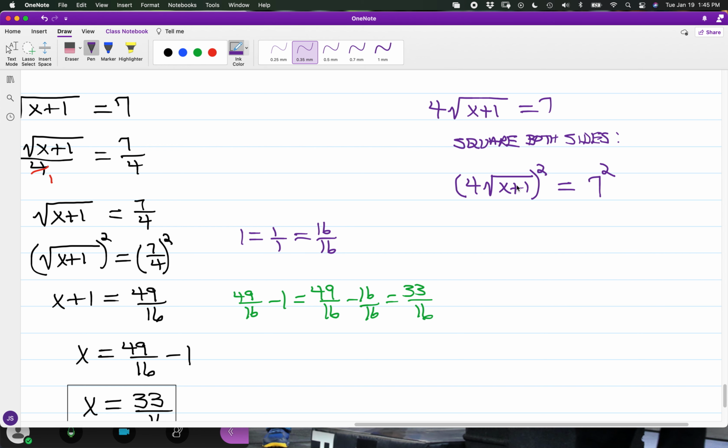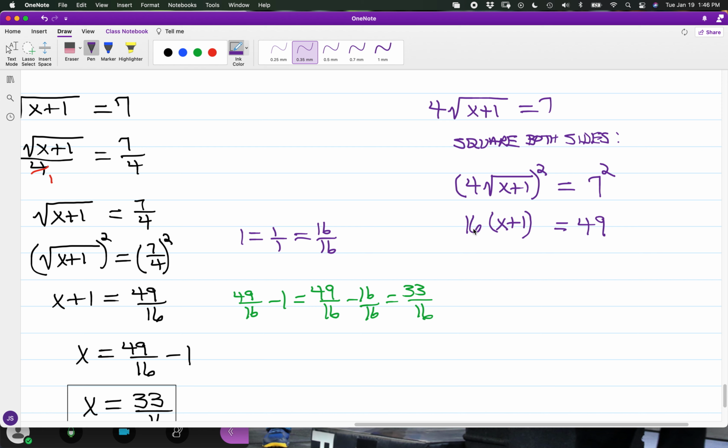If I square both sides, now for what I have on the left, both 4 and the square root of x plus 1 will be squared. 4 squared is 16, and the square root of x plus 1 squared is going to be x plus 1. Now we have squared the factors, but we still have a layer of multiplication to deal with. 7 squared comes out to 49.